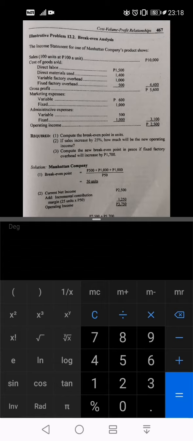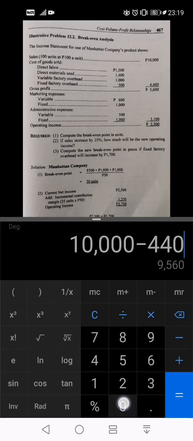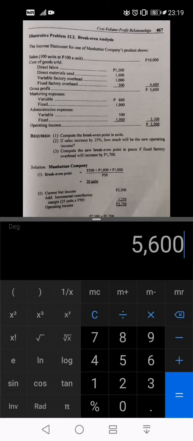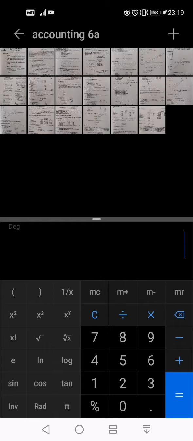From the 10,000 sales, you're going to subtract the 4,400 to get the gross profit. There you can get the gross profit, and it's the same as what I computed.